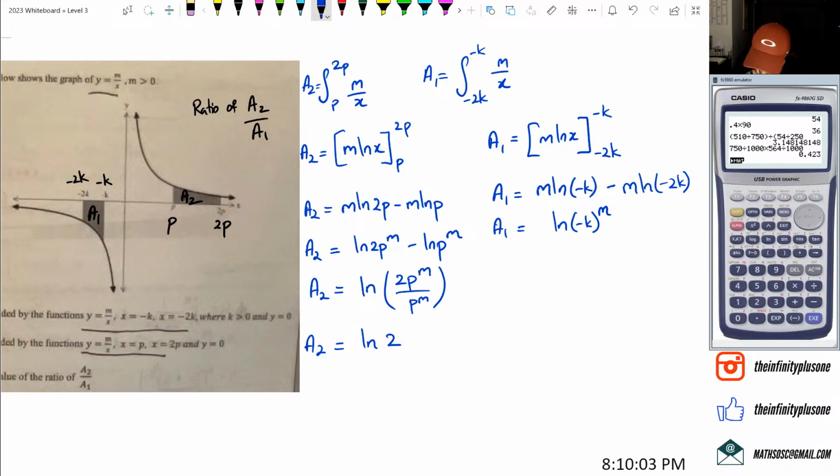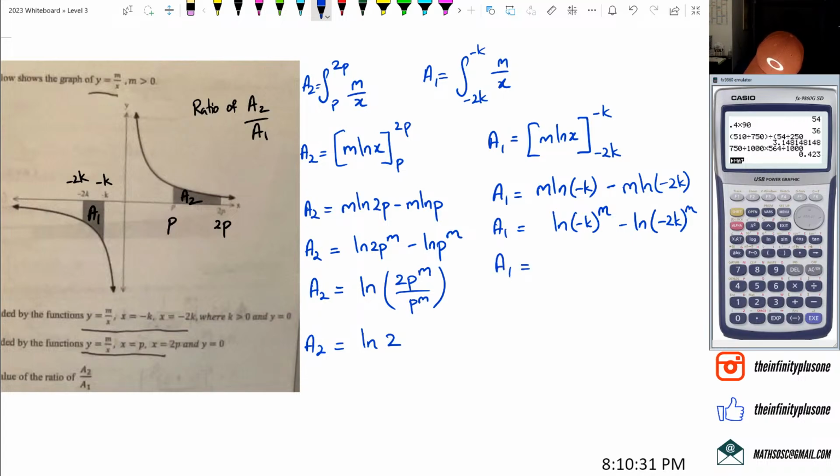But this doesn't work. Because if k is greater than 0, how is this going to... Oh, but... I have a feeling I'm doing something incorrect here. I'm just going to keep going anyway.